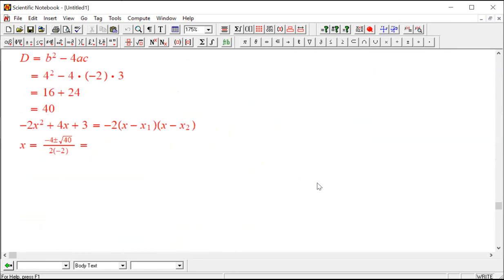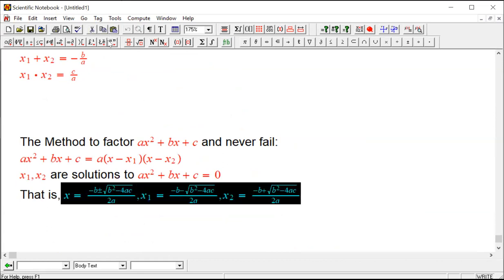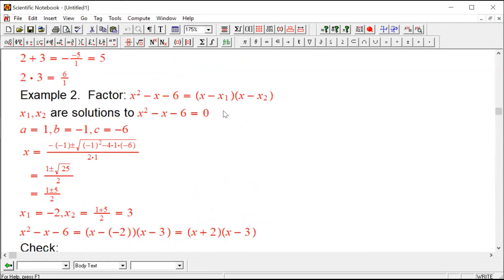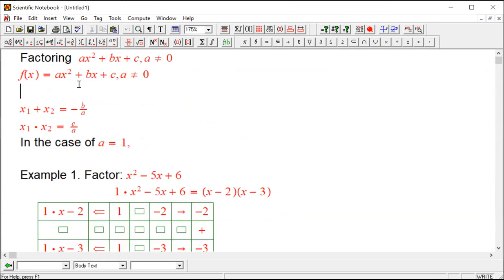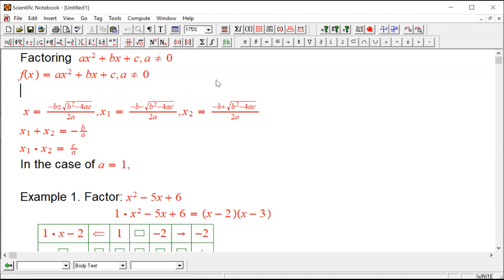I'm going to bring it here, the quadratic formula, the solution to that piece. Just want to make it complete. Okay, so these are the solutions.